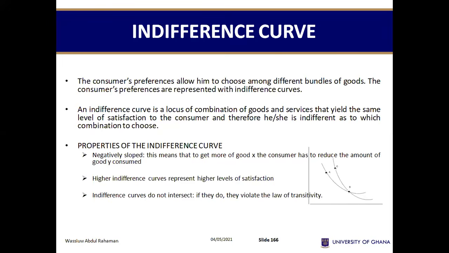It is a combination of commodities or goods that yield the same level of satisfaction to the consumer. When we say it gives you the same level of satisfaction, it means that you are indifferent between those combinations. Let me switch back to my whiteboard to explain this further.